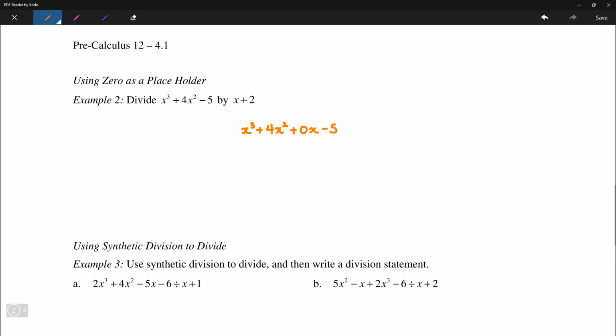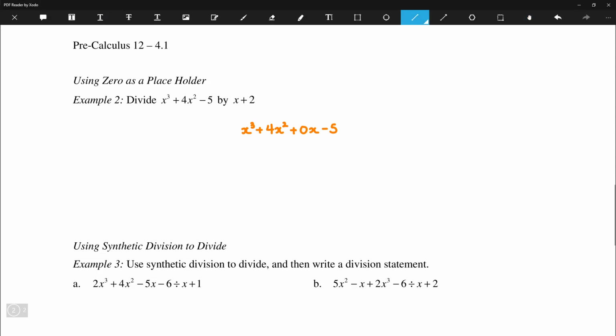The reason for that is because notice that the binomial that we're dividing by has an x and then just a constant. So going from the first to second term, the degree is going down by 1. And so in order to make the dividend the same, we need this 0x term right here. So the exponent goes 3, 2, 1, and then, of course, 0.